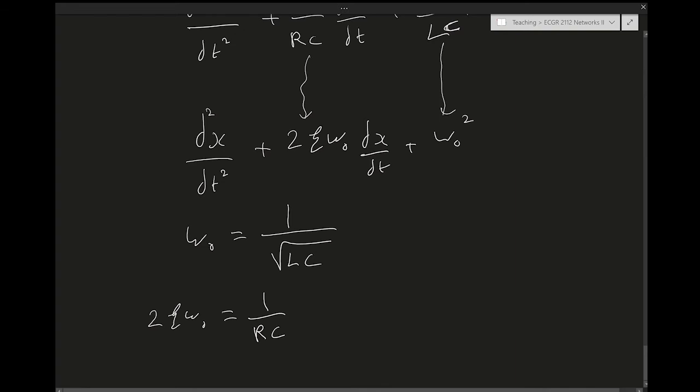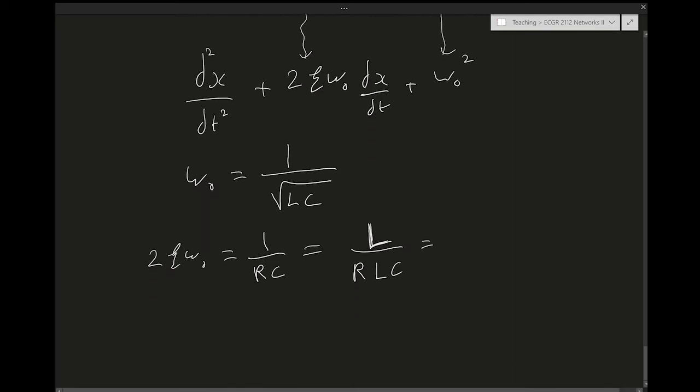So this is interesting. Let's manipulate this a bit. This equals 1 over RC. Let me multiply by L over L, so I end up with L over R times LC. I didn't change a thing, just added that L in the equation. Now 1 over LC is what? Omega naught is 1 over square root LC, so 1 over LC is just omega naught squared.